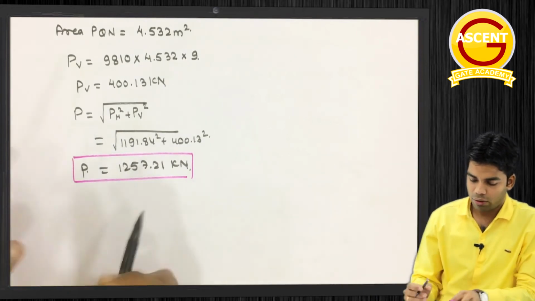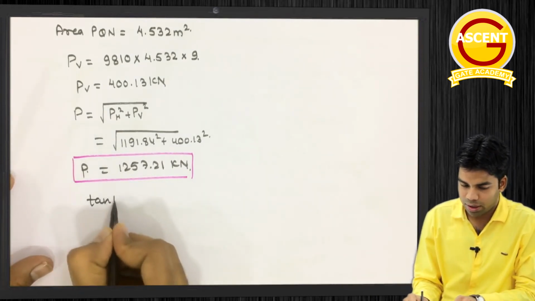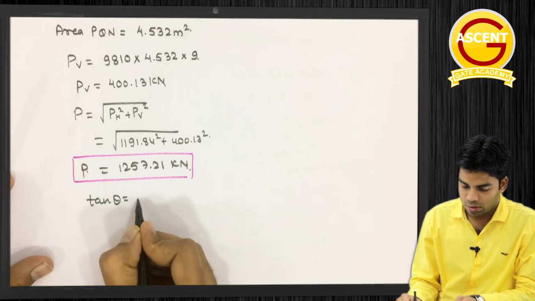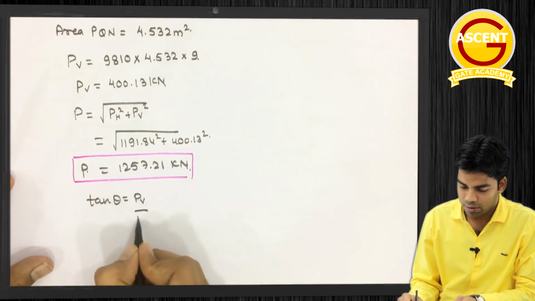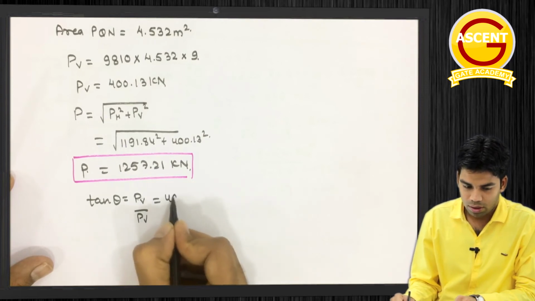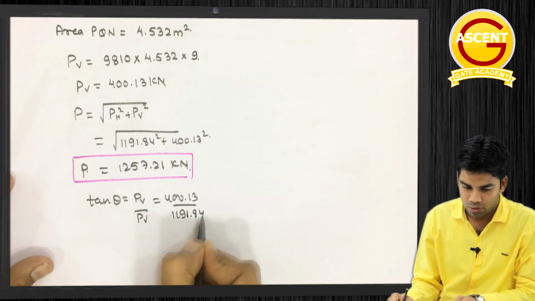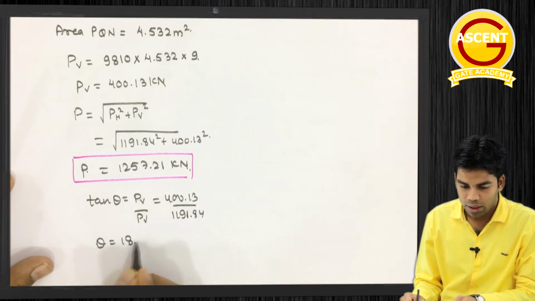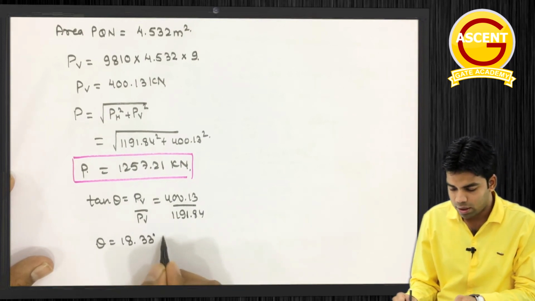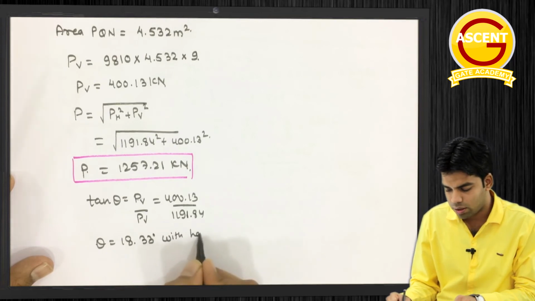For determining direction, tan theta is equal to PV upon PH, so 400.13 divided by 1191.84. So theta will be equal to 18.33 degree with the horizontal.